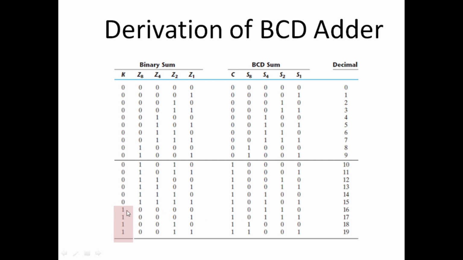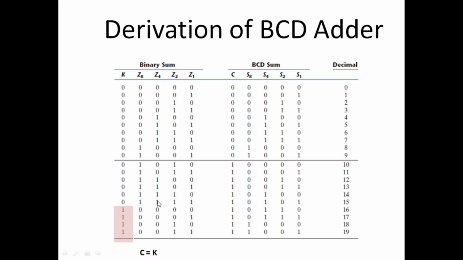So whenever K, the output carry of the binary adder, is 1, we need to add 0 1 1 0 to the binary sum of the binary parallel adder. And logically we can say that the correction, let's say C, is equal to K. When K is equal to 1, we need a correction. Then logically we can write it like this: C is equal to K.